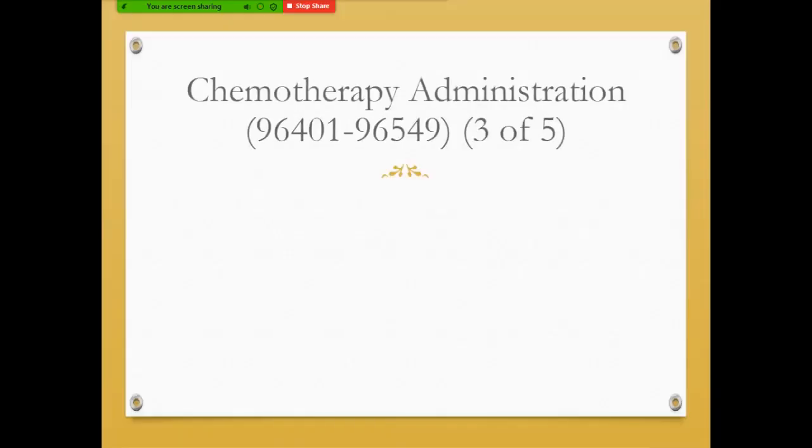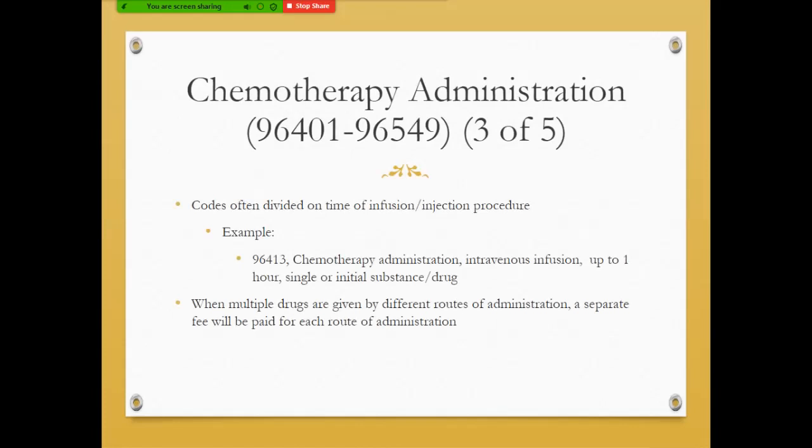So our next slide on chemotherapy. Codes are often divided on time of infusion injection procedure. For example, 96413, chemotherapy administration, intravenous infusion, up to 1 hour, single or initial substance drug.